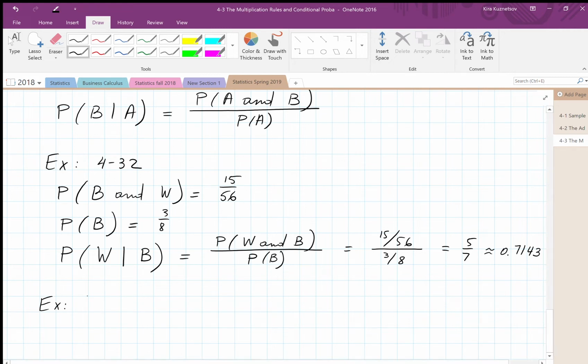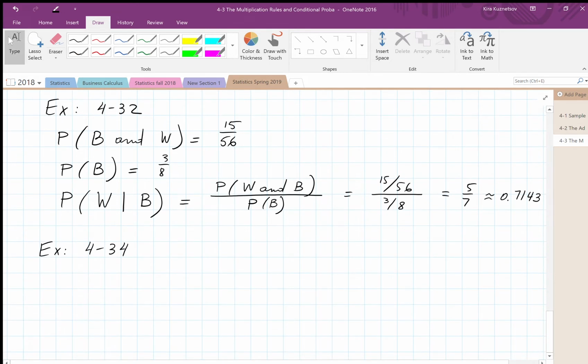My next example, 4-34, has a two-way table. A recent survey asked 100 people if they thought women in the Army force should be permitted to participate in combat. The results of the survey are shown. So we asked males, we asked females a question.